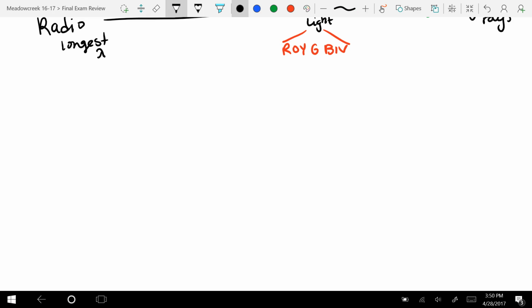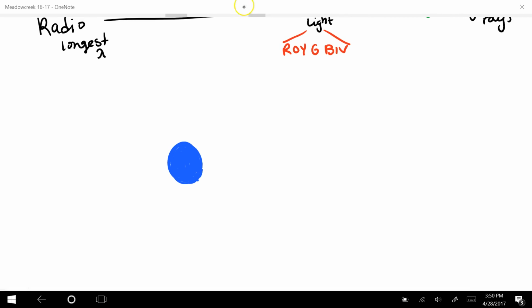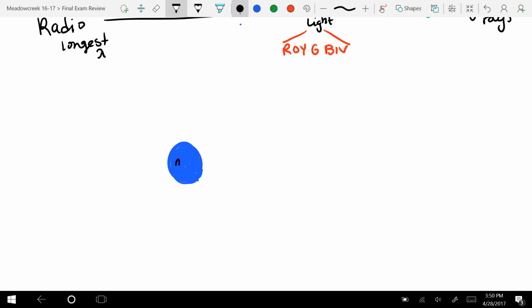So let's bring it all back to our electrons that we were talking about. If we have our nucleus, this is going to be our nucleus here, and we have those rings.